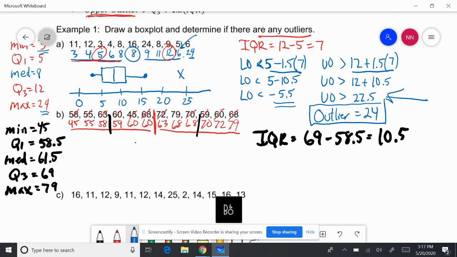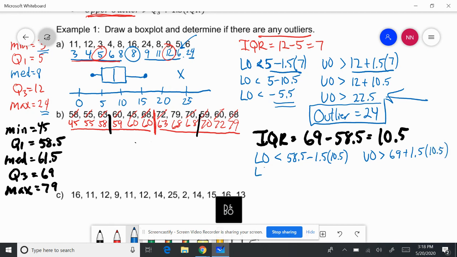We're first going to find our lower outlier. In order to find our lower outlier, we're going to take the 58.5 and subtract 1.5 times the IQR. In order to find the upper outlier, we're going to take our Q3 value, which is 69, and add 1.5 times the IQR, which is 10.5.